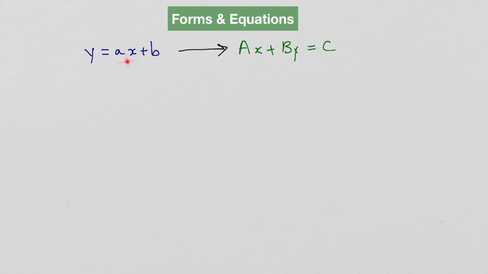So we need to subtract it to move it over to the other side. So what we get is negative ax plus y is equal to b.